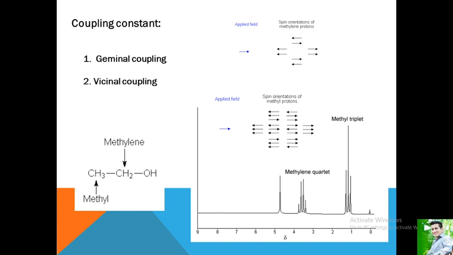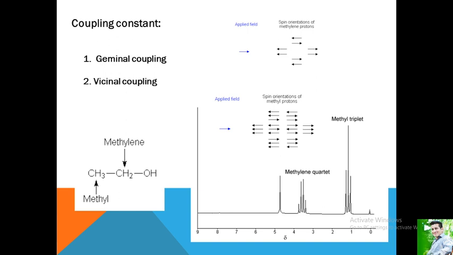Therefore, a slightly higher field is needed to bring them to resonance, resulting in an upfield shift. In the other combination, the spin pair is in the direction of the field, which produces a downfield shift. The other combinations of spins oppose each other and have no effect on the methyl peak.